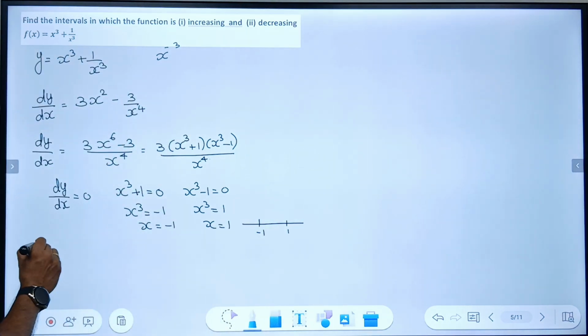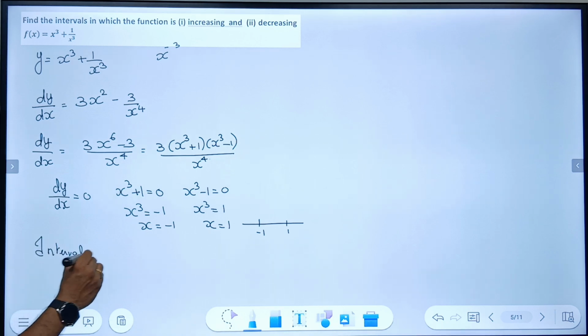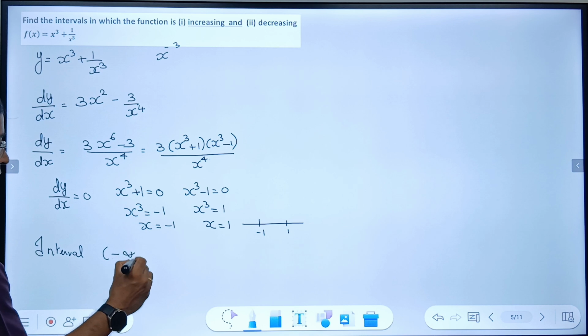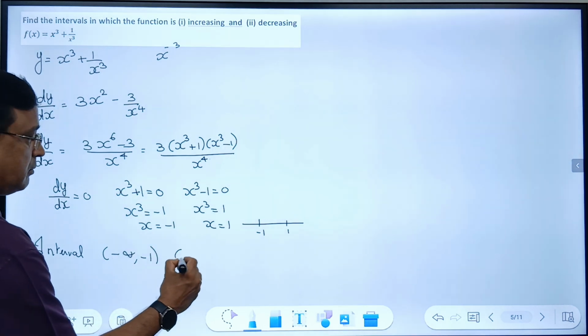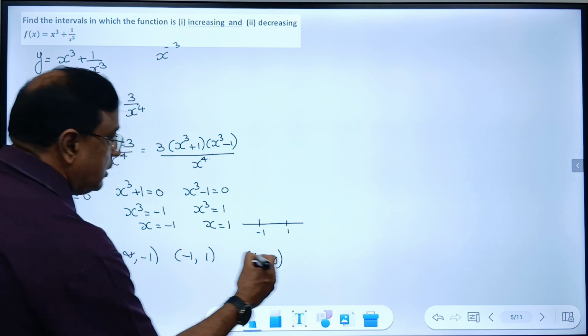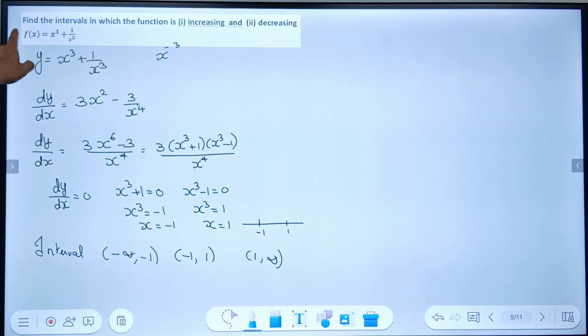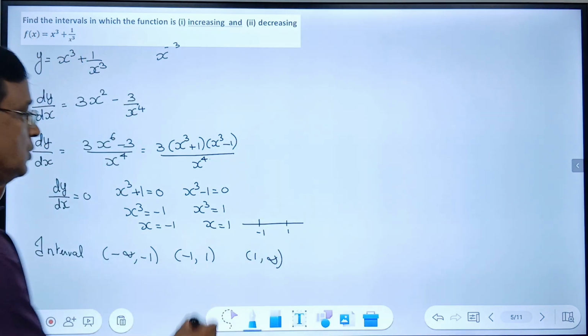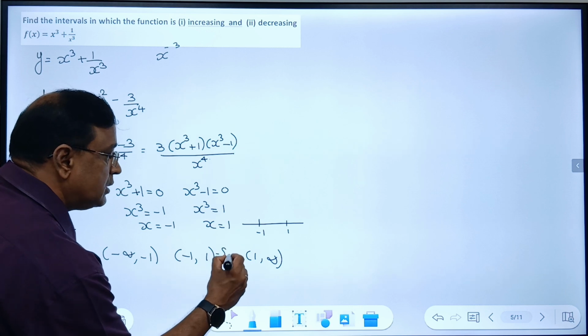Now I want to split the intervals. So what are the intervals? The intervals are minus infinity comma minus 1, then minus 1 comma 1, and then 1 comma infinity. But if you observe carefully, this function does not exist at 0. So it is very important that you remove it. Okay?